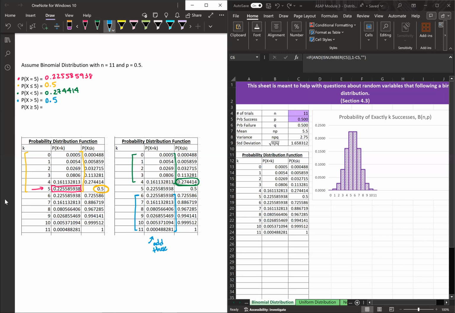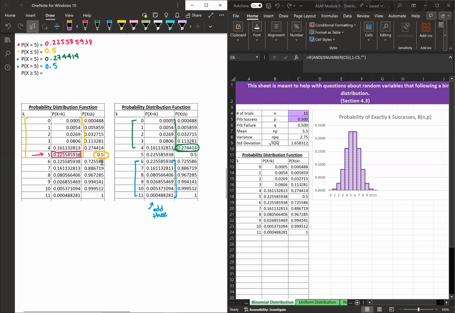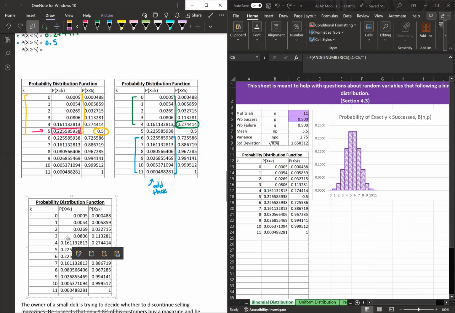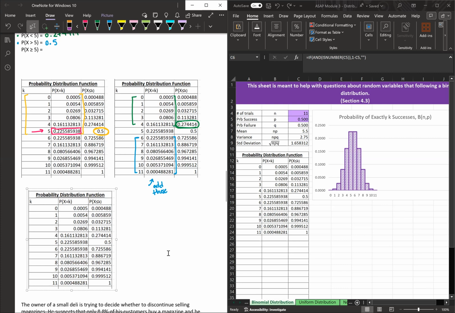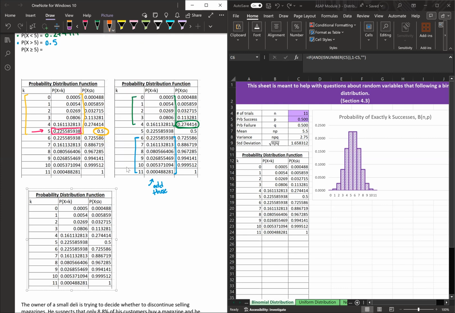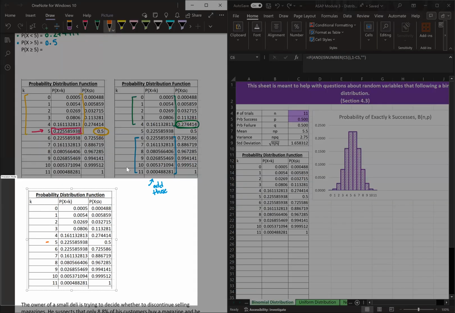And then the last one we're going to do is x greater than or equal to 5. So let me just paste one more table here. Last question. So greater than or equal to 5, now you're here. You're starting at 5, going all the way down. And so you're just doing the same thing. You're adding all of these up.